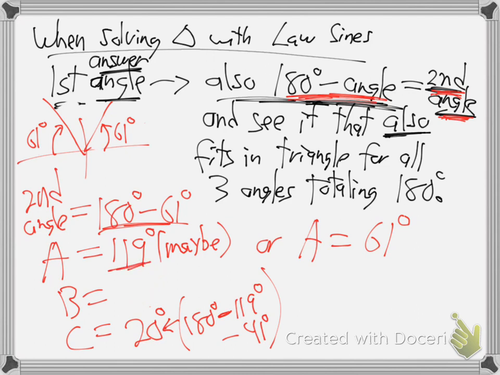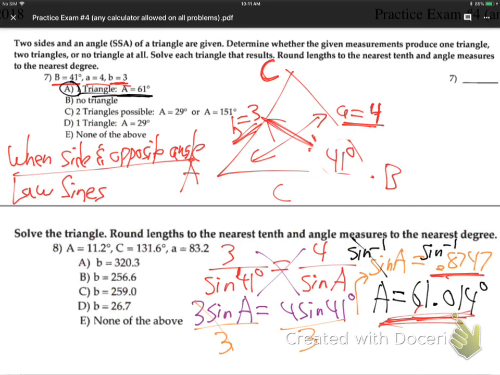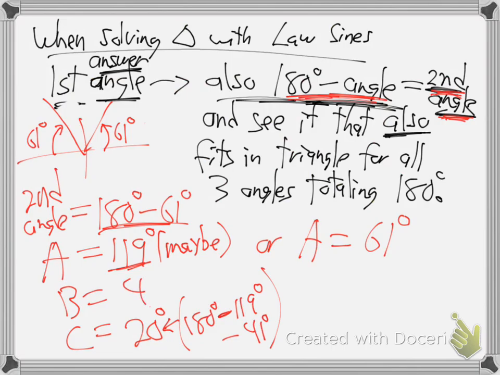Then I went back and grabbed B, which was 41, and took 180 minus those two, and yes, that does leave room for angle C. So that fits. That's possible. So A can be 119 or A can be 61. There are two possible answers for A.